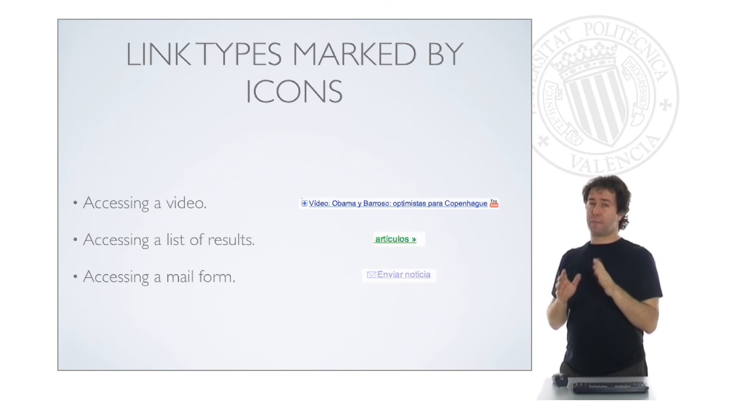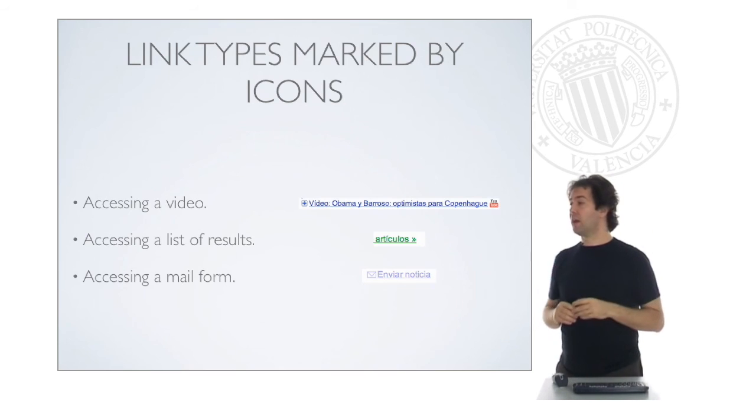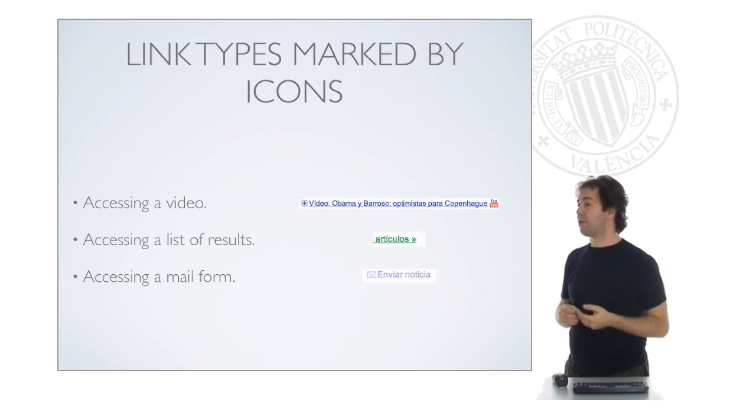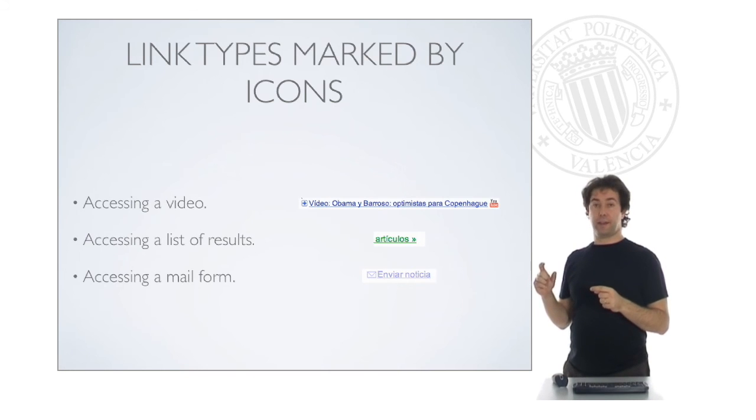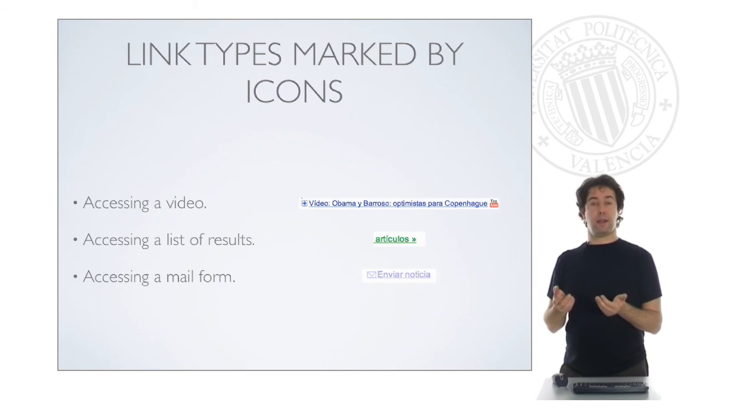It's pretty much the same way we did on the menu example before. For example, in the first link, you can see a little plus sign, and then at the end the YouTube icon. This is indicating that if you click there, you will directly be able to view a video.